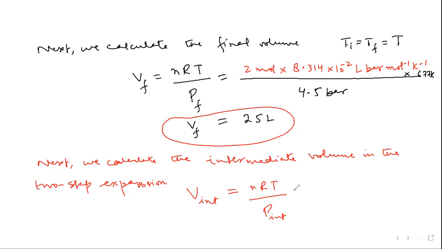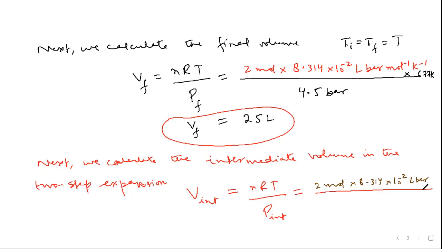Let us substitute the values again. Let me use another color. n is 2 mole. Then we have 8.314 into 10 raised to minus 2 liter bar.